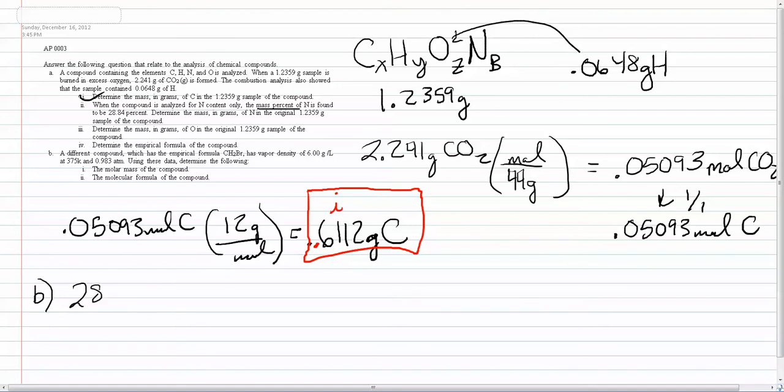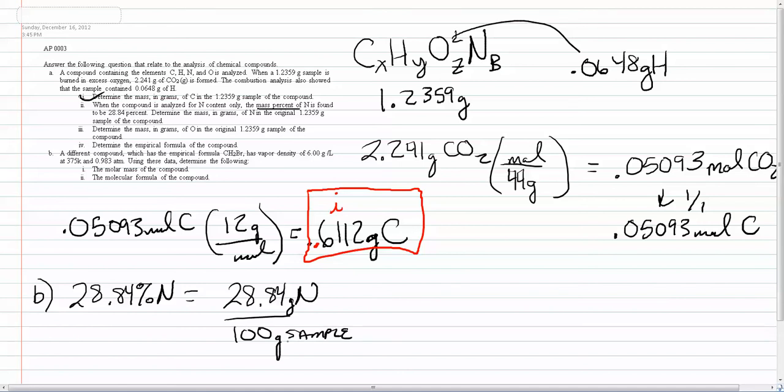We know this is 28.84% N. So once again, when we try to do percent problems, it's easy to assume out of 100. So let's say we have 28.84 grams of N per 100 grams of sample. I'm just going to call it sample since we don't really know what it is.